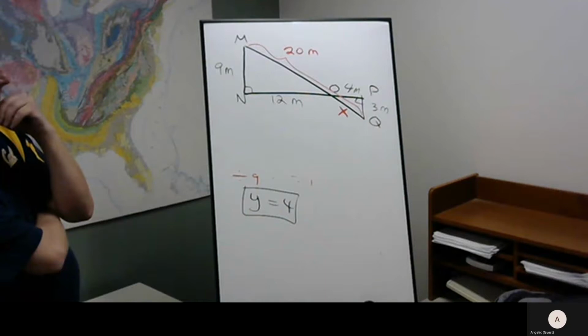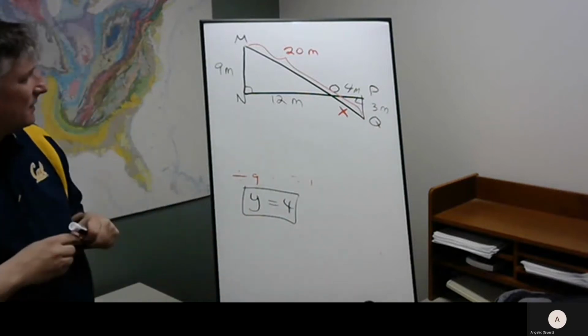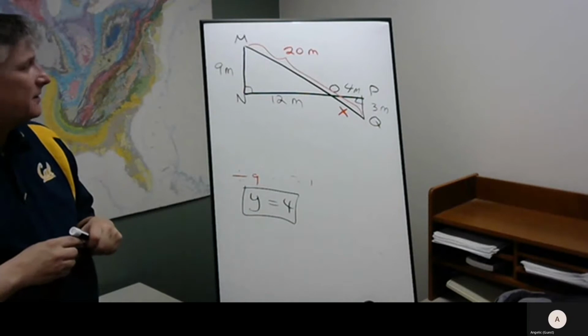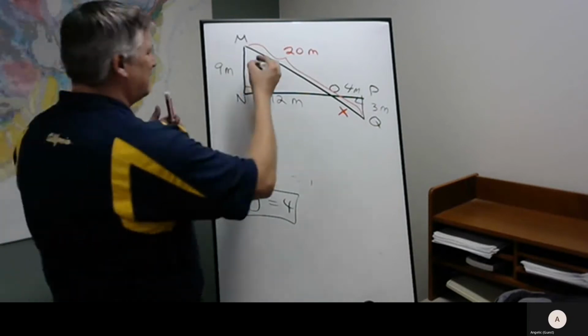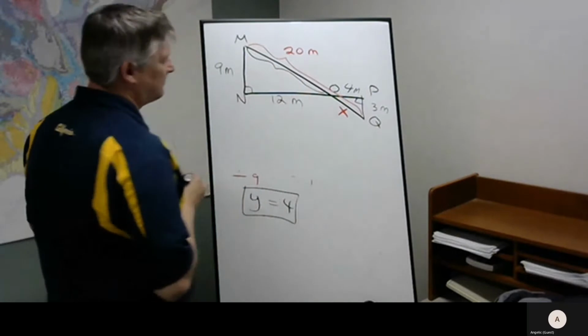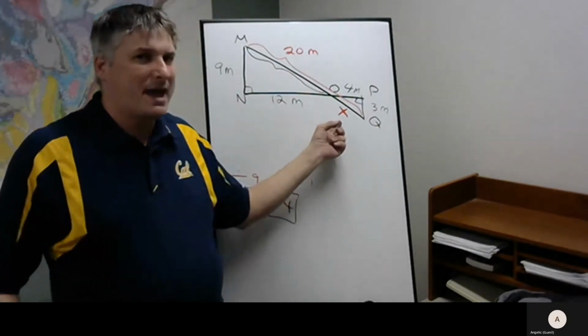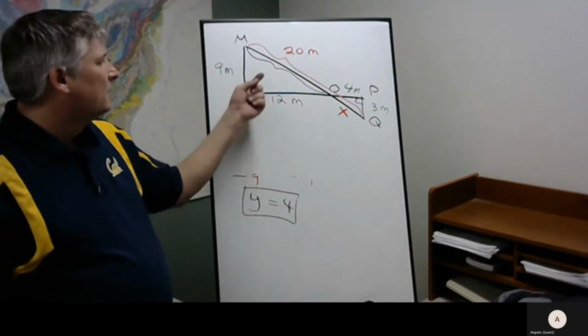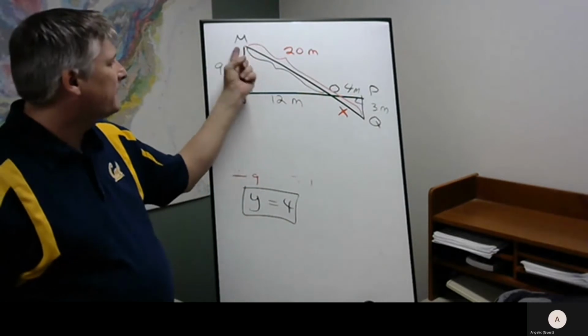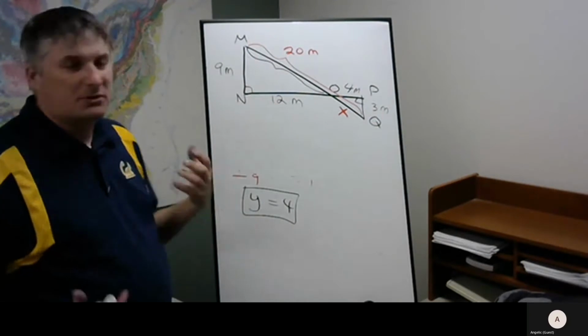So there's a way we can do this, is that we can redraw these. Not really redraw them. I'm going to make kind of a note. If we're going to call this unknown incline x, we can call this part of the incline 20 minus x. So it's sort of like this.